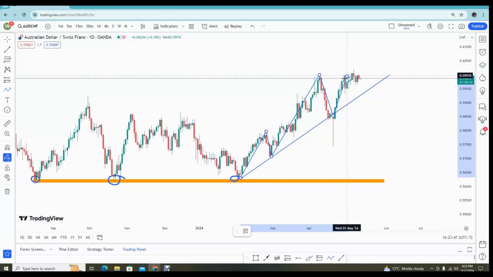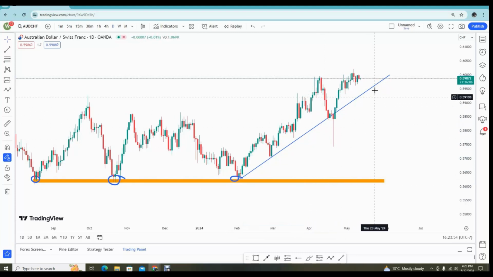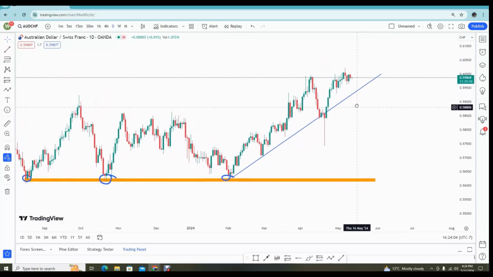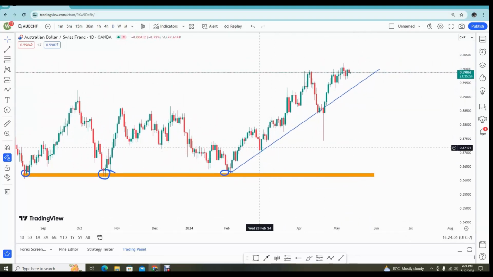We're just going to clean this, and this is our support trend line. If you don't know why we call this support, it's a support because you can see that all the corrections come to collect from the trend line and continue on the uptrend.